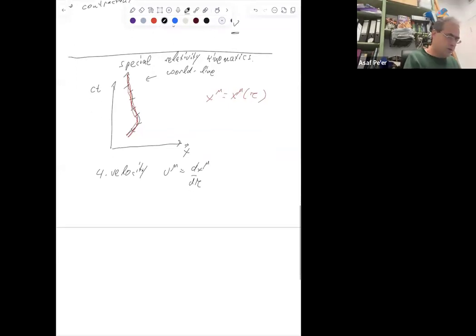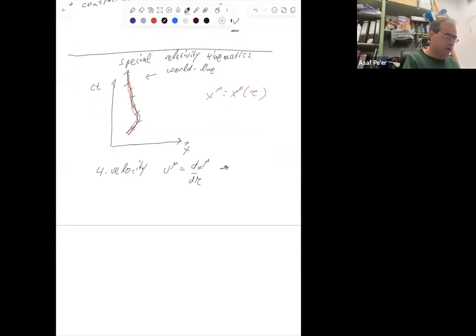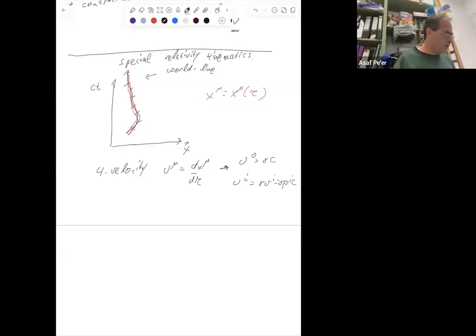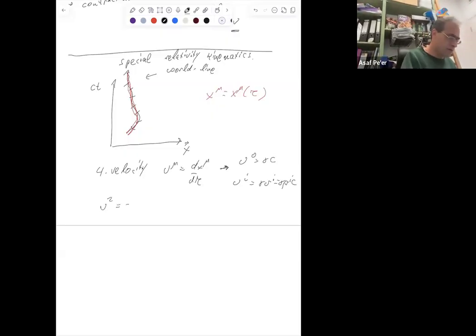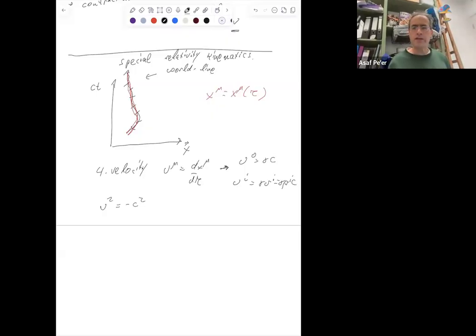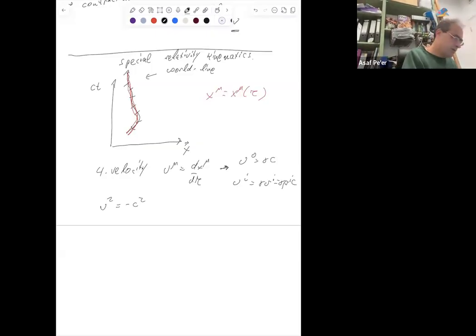It's straightforward to show that if I look at components, then U0 is just gamma c and Ui is gamma Vi, or gamma beta i c. That's what you're familiar with. The norm is negative. U squared is minus c squared, which means that U is a time-like vector. Then the third vector that I can introduce would be the four-acceleration, A mu is d u mu over d tau.